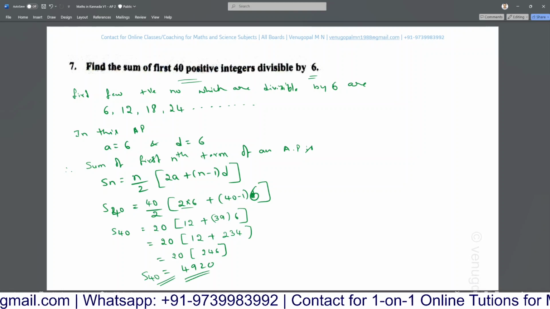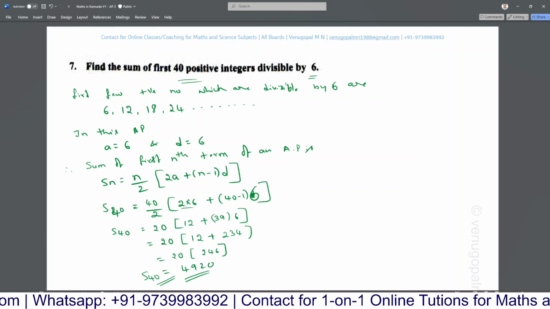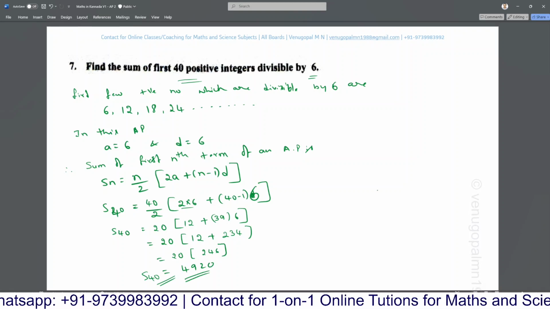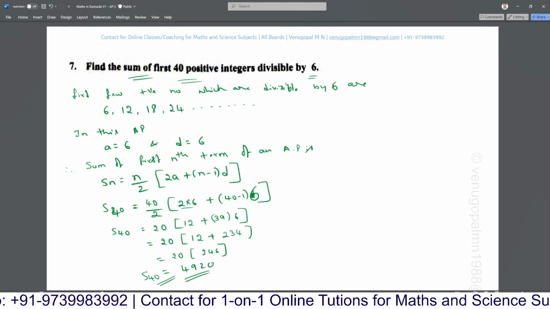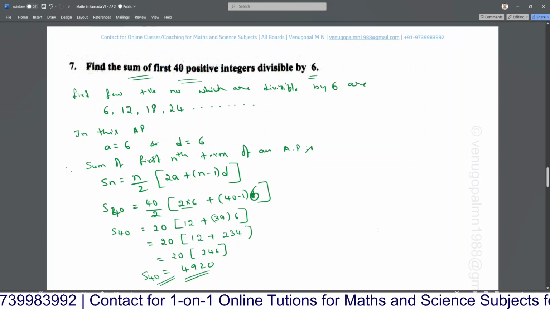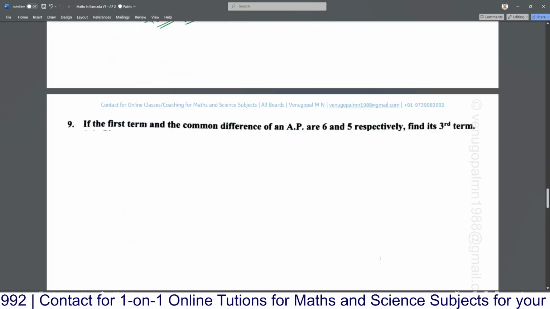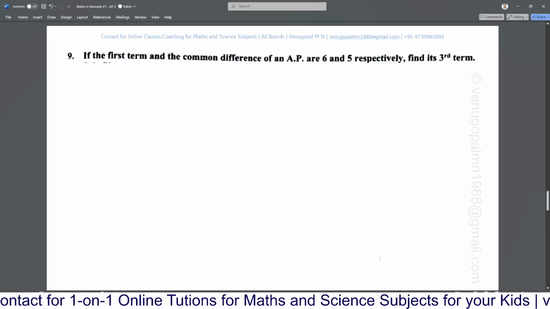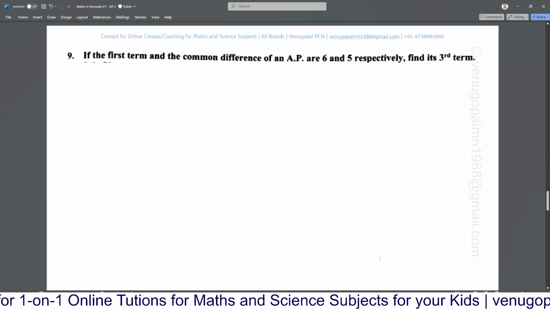The sum of the first 40 positive integers which are divisible by 6 is 4920. Got it, guys? Very simple. Moving on with the next example.